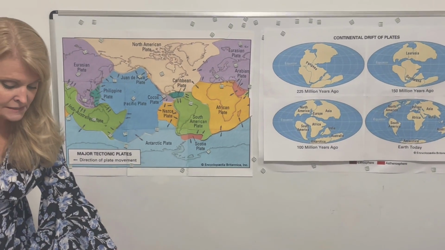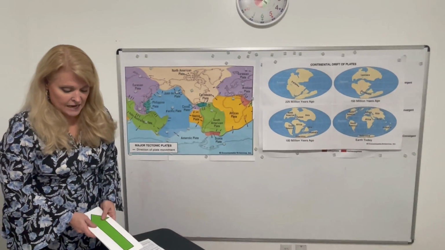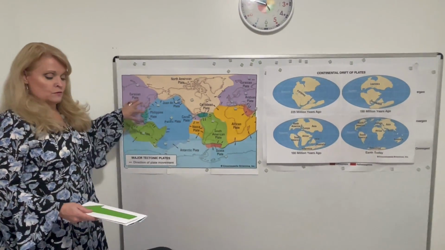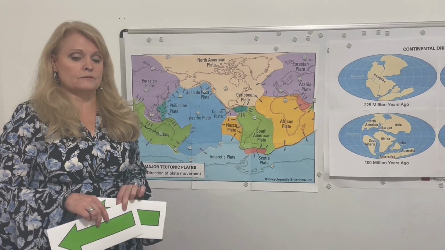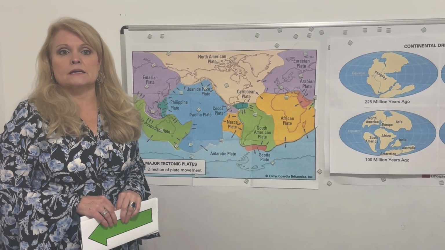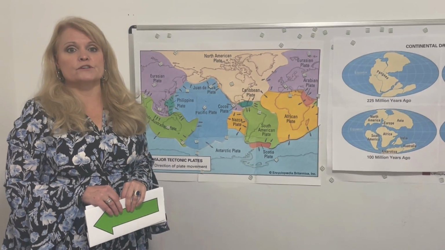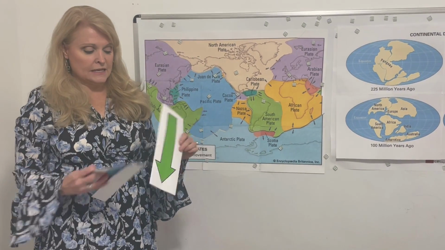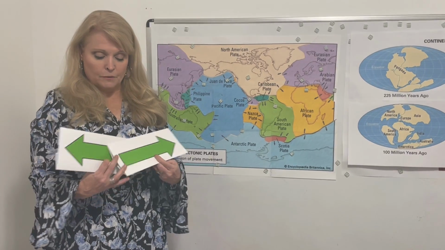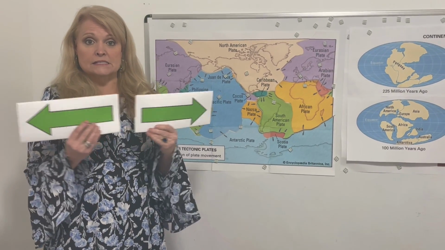Okay, so based on this, we also need to understand how the plates are moving. Plates can move in three different ways, and this is very simplified: divergent, convergent, and transform. If the plates move apart like this, it's divergent.